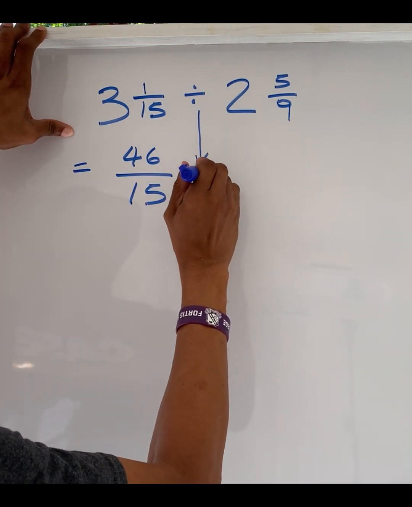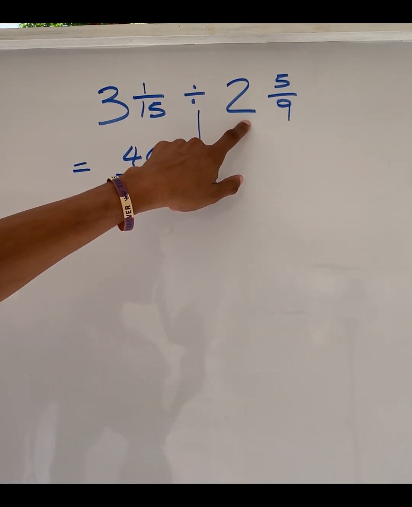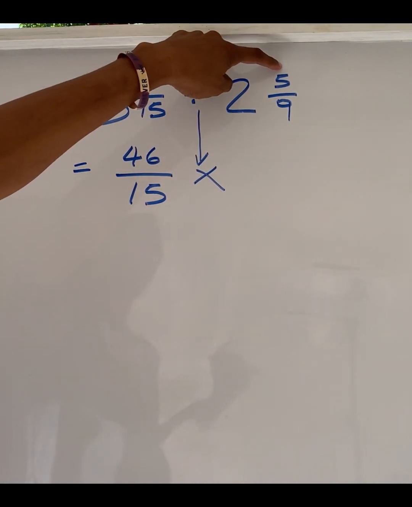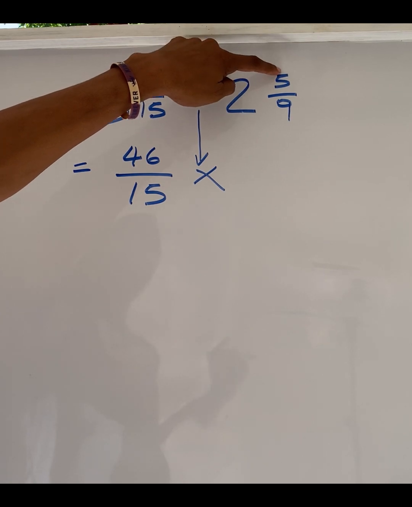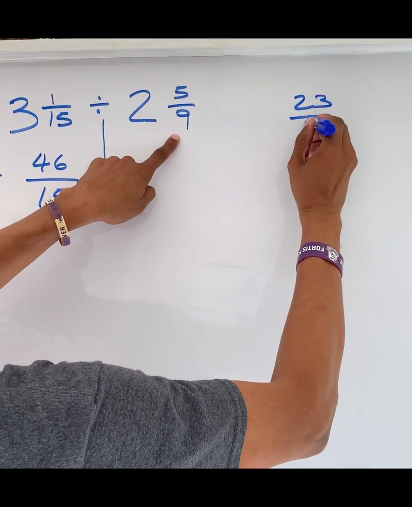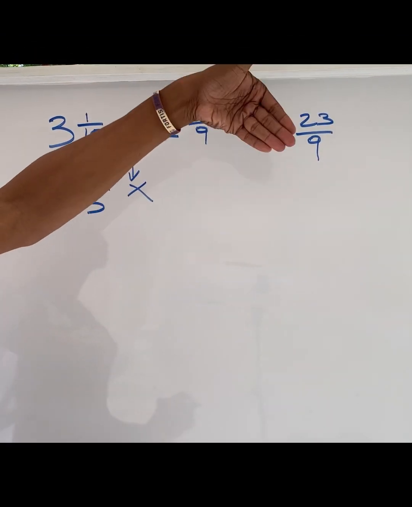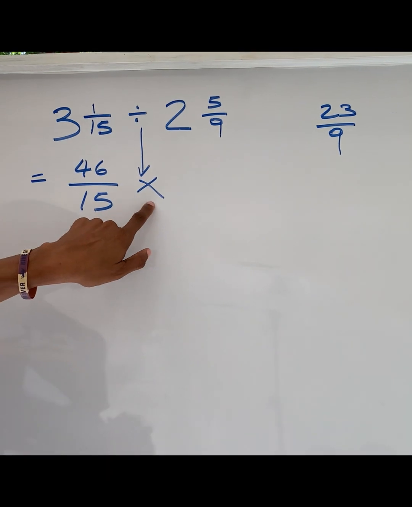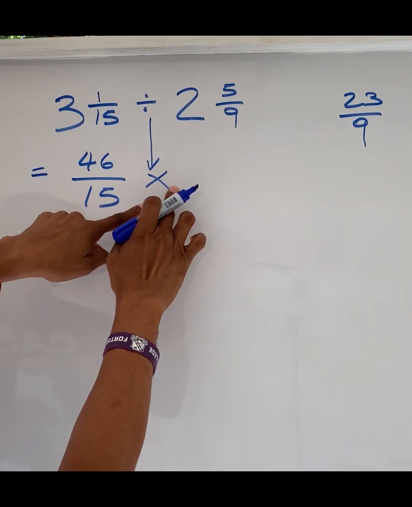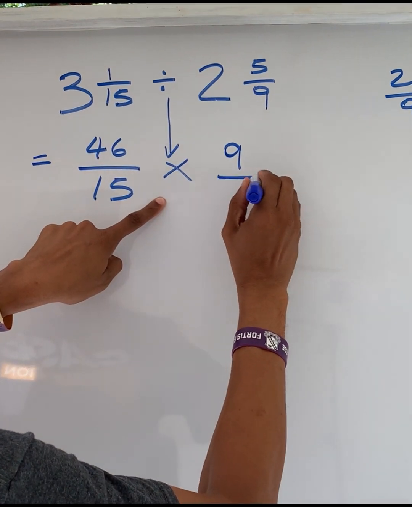Okay, and then we convert our division into multiplication. But first, let's also convert 2 and 5/9 into an improper fraction. So 9 times 2 is 18 plus 5 equals 23 over 9. And the reciprocal of 23 over 9 is 9 over 23.